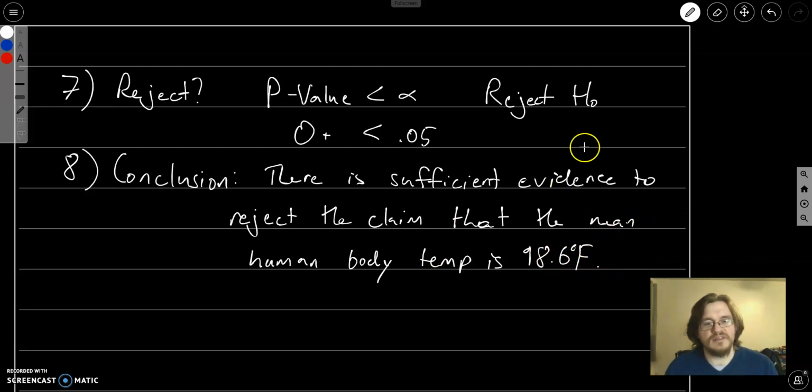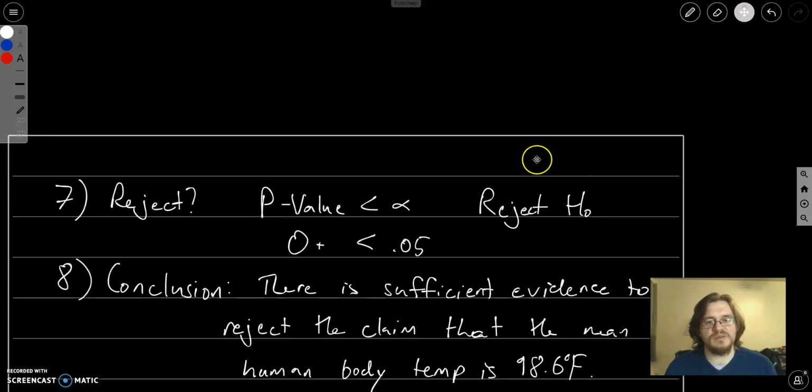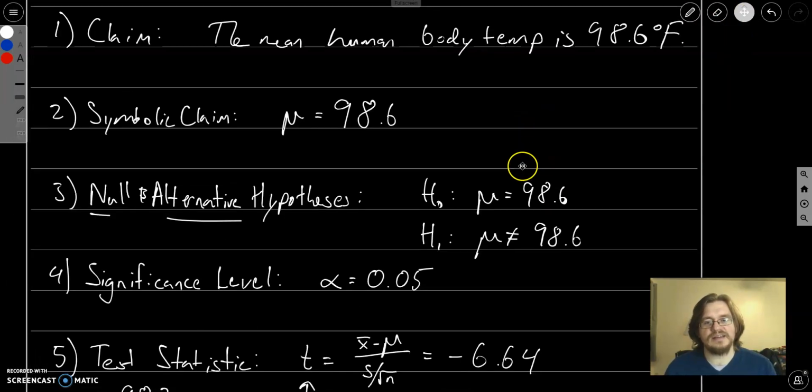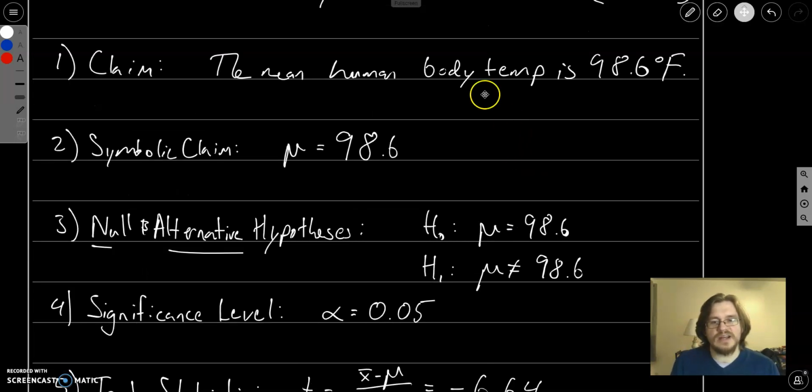So when we reject H naught, we can come up here and look at H naught, which is the fact that the mean is equal to 98.6. So if we can reject that, that was what our claim was. So we can reject our claim.